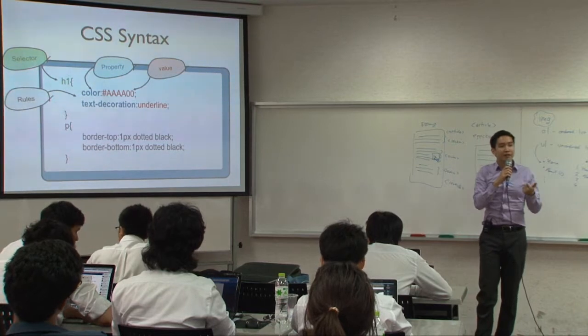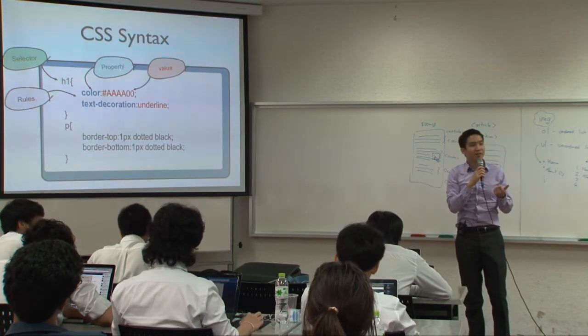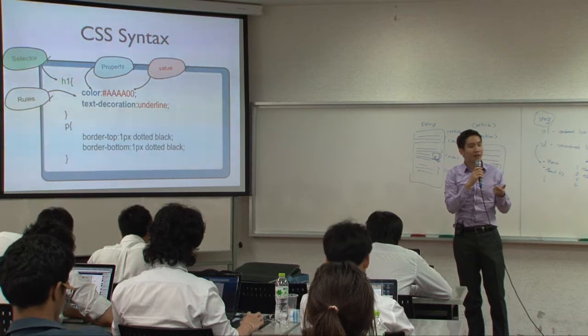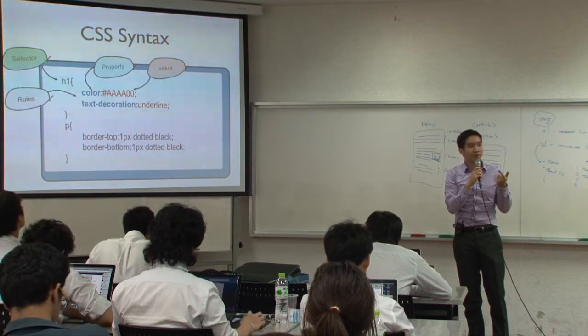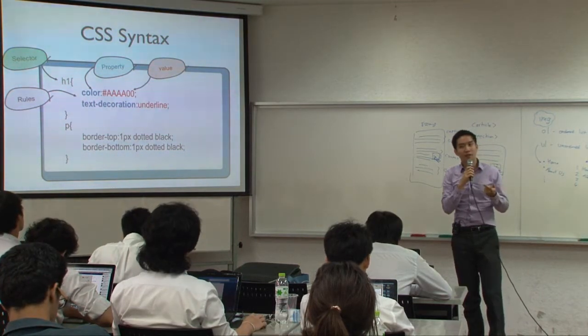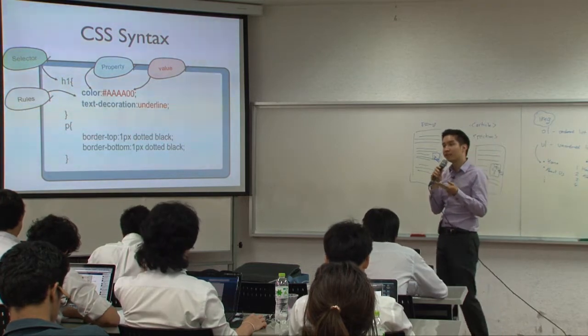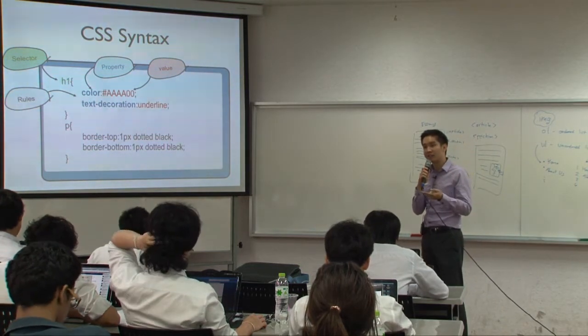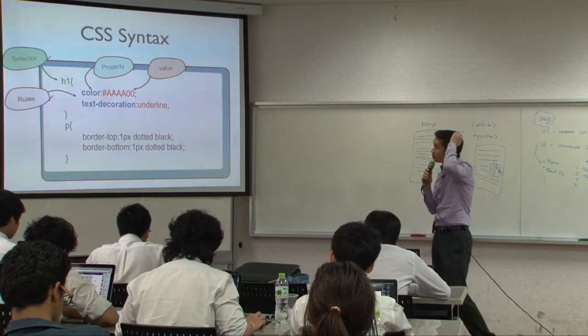So we have .java for Java file extension. We have .html for HTML documents. So naturally, we would have .css for our CSS files or documents.